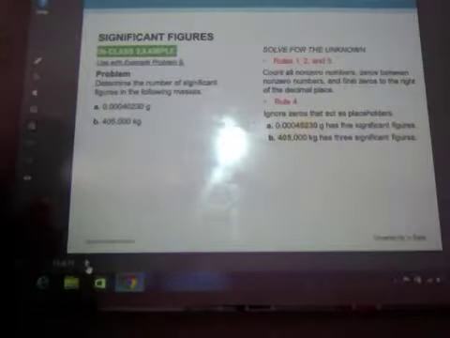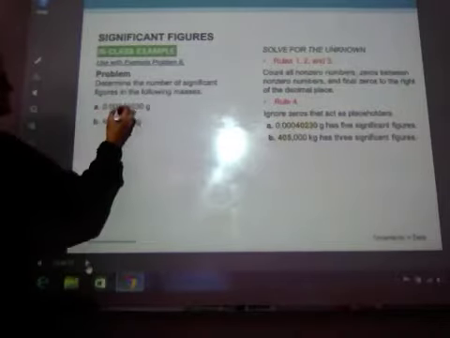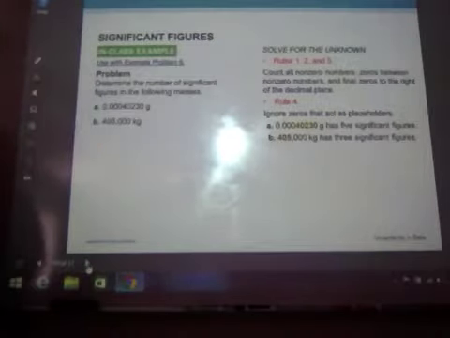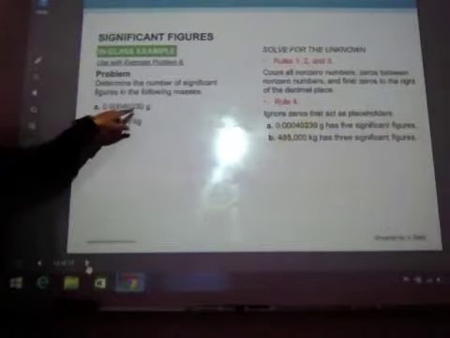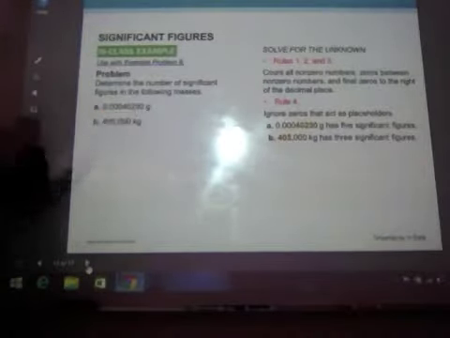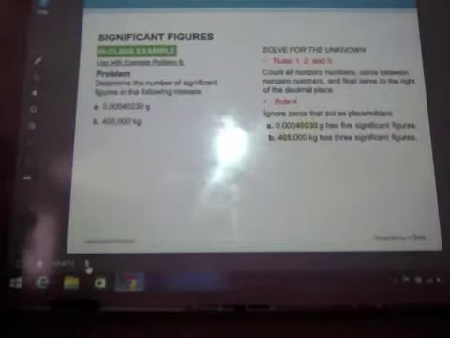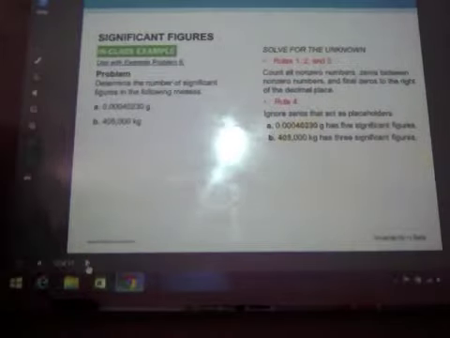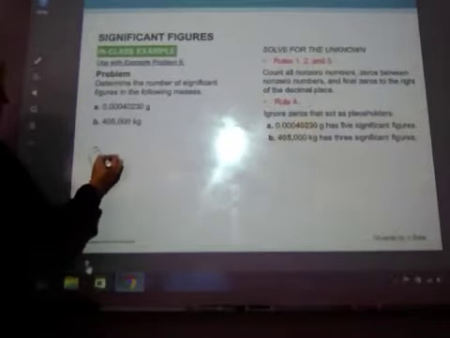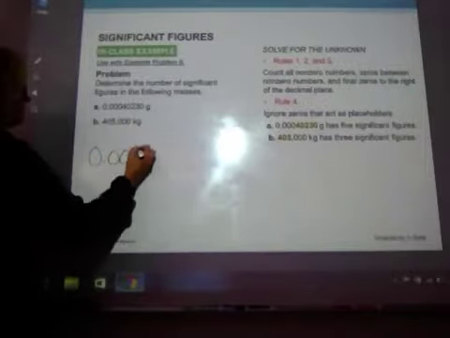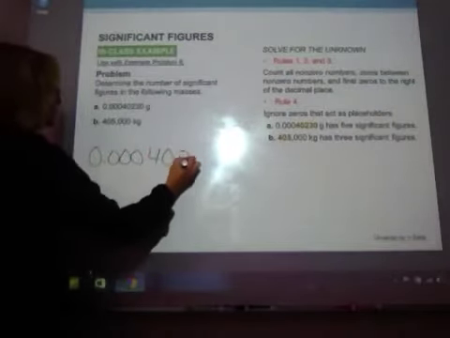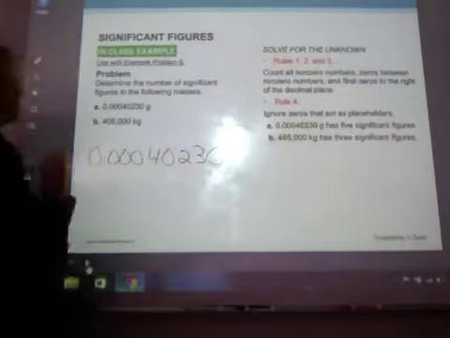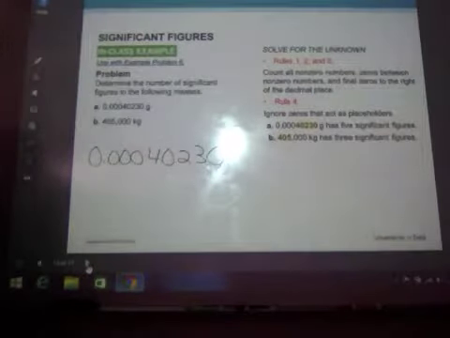Here are some practice problems. Can you guys see that from where you're at? Tell me how many significant digits letter A has. I have 0.000400230. Royce says 5. Do we agree?